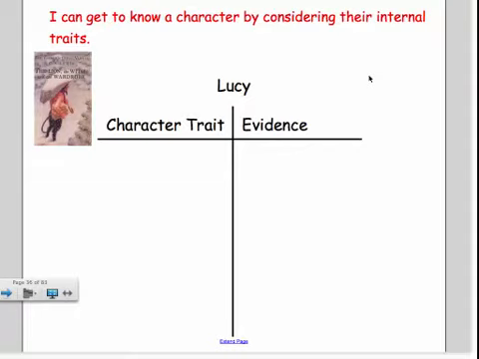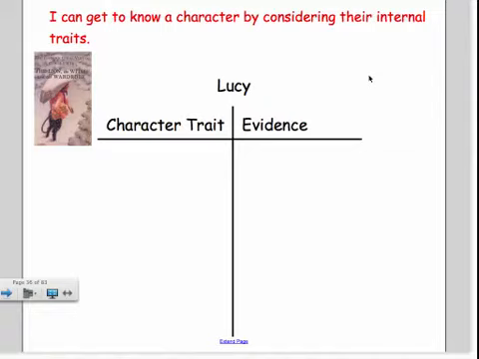You can pause the video maybe for 2 or 3 minutes so that you can get some ideas. After you've gotten some ideas, then you can go ahead and share with your partner. And then after you've shared with your partner, it'd be great if you could come together and share as a whole group so that some people might be able to add to their character traits or add evidence for something that they may not have thought of. Okay, so you can go ahead and pause the video right now, and then come back and have those conversations.